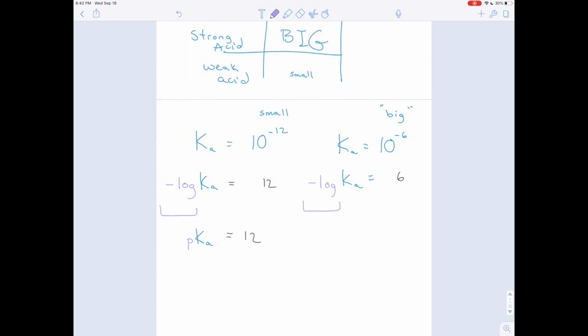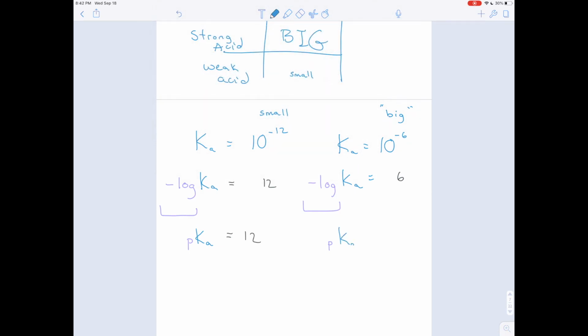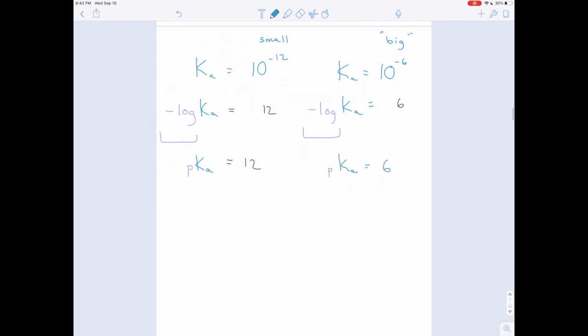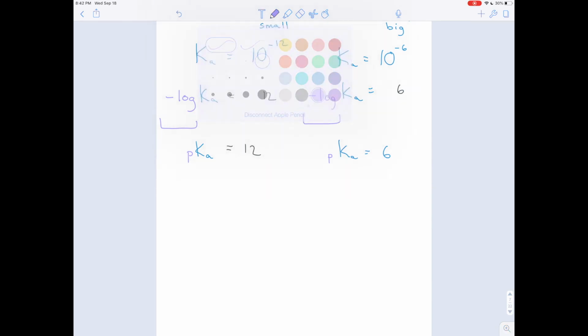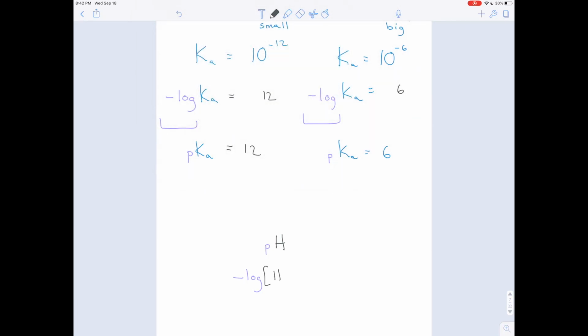Or again, the negative log, that lowercase p, pKa here, would be 6. That p is the same p that you saw in pH. The pH is the negative log of the concentration of H+ in a solution, just making it more intuitive to count up those atoms. And you saw it in other places too, the pOH, etc.